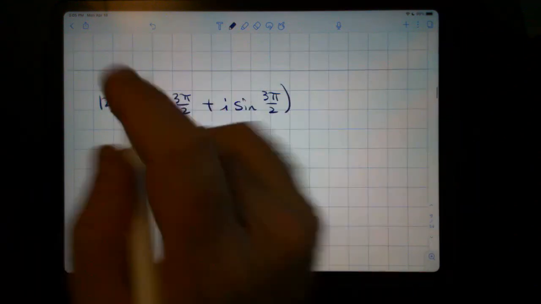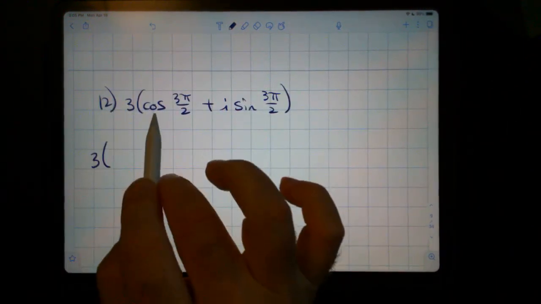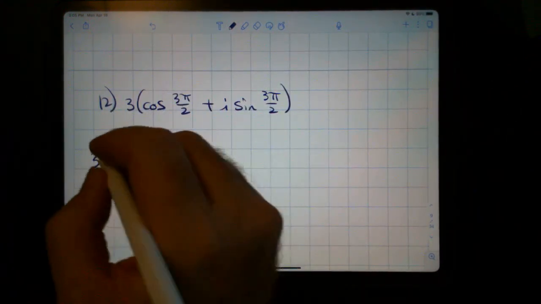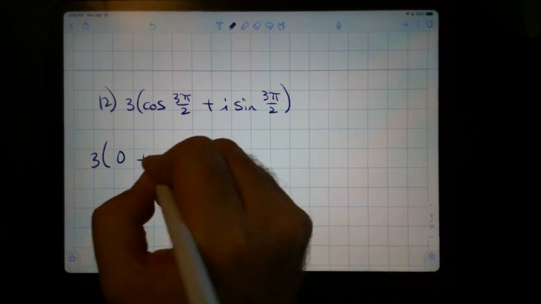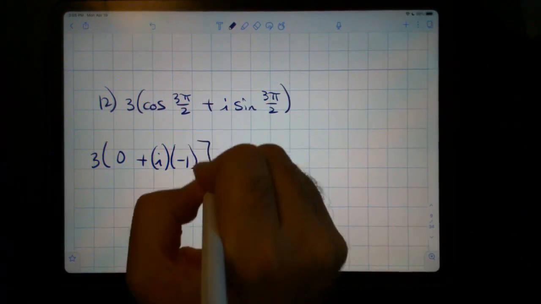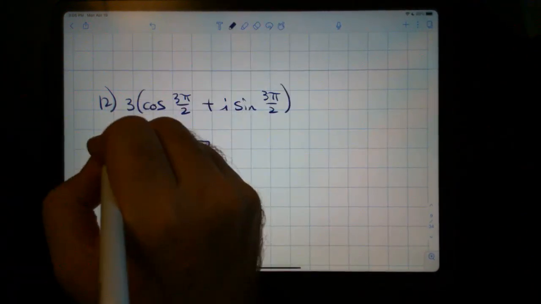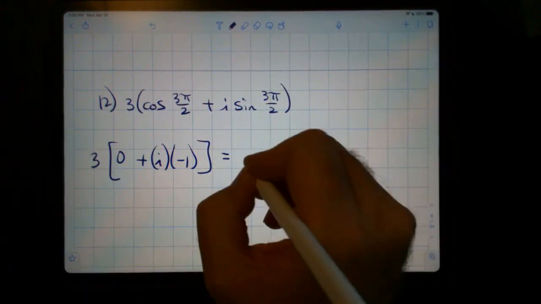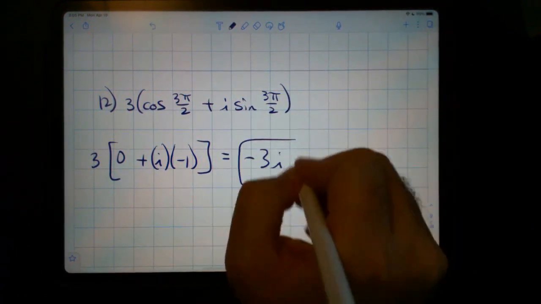Okay, so this is 3 times cosine of 3 pi over 2, which is 0, and then plus i times sine of 3 pi over 2, which is negative 1. So this is equal to negative 3i.